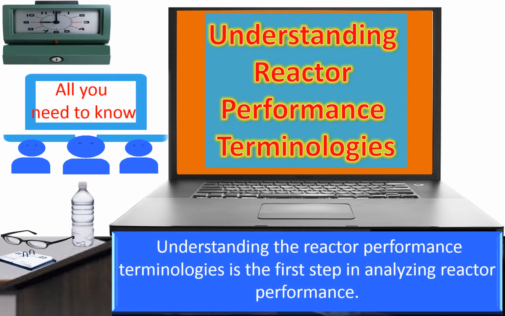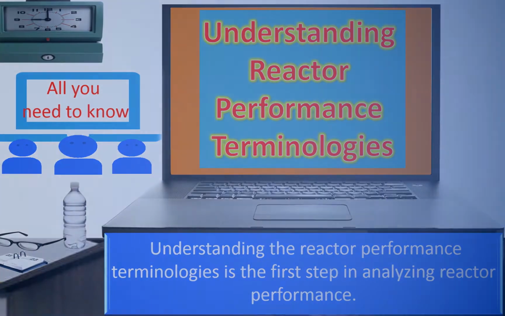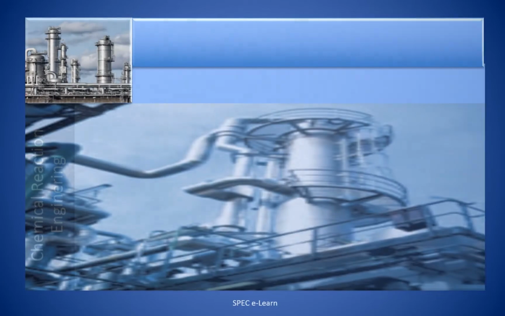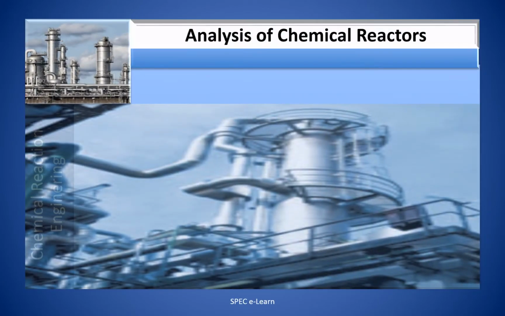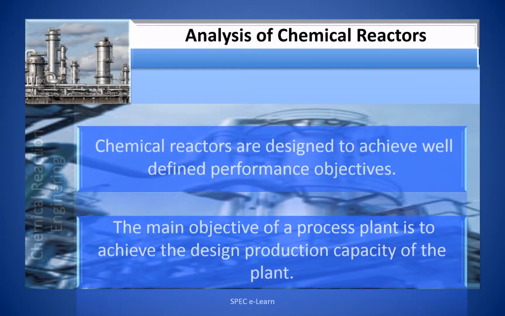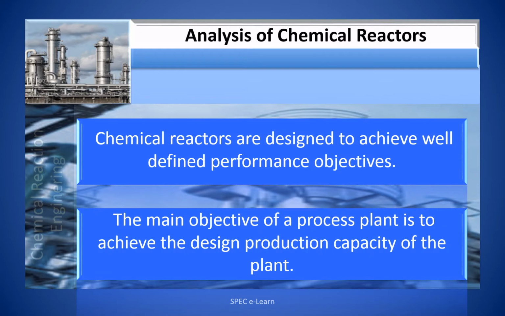Understanding the reactor performance terminologies is a first step in analyzing reactor performance. Chemical reactors are designed to achieve well-defined performance objectives. The main objective of a process plant is to achieve the design production capacity of the plant.